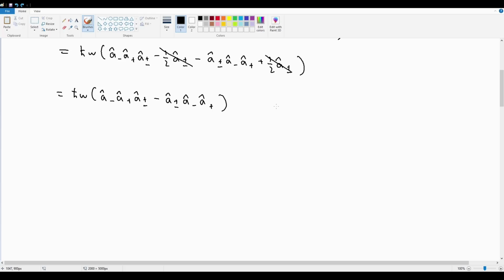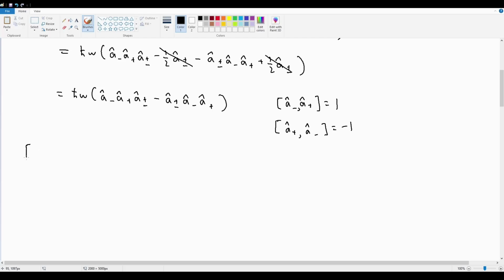In chapter 2, we found that the commutator of â₋ and â₊ was equal to +1, and that the commutator of â₊ and â₋ was equal to −1. So in that case, we can look at the â₊ and â₋ terms separately.